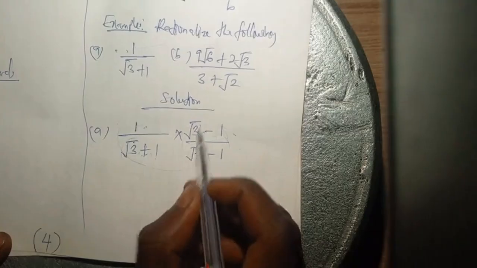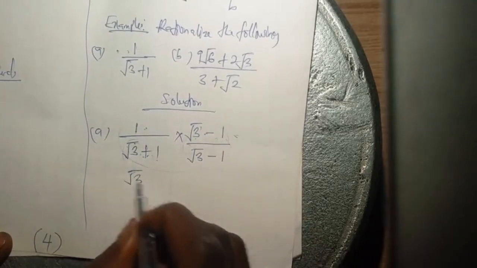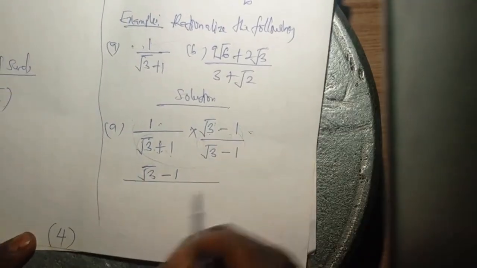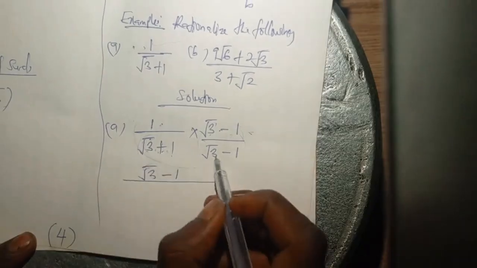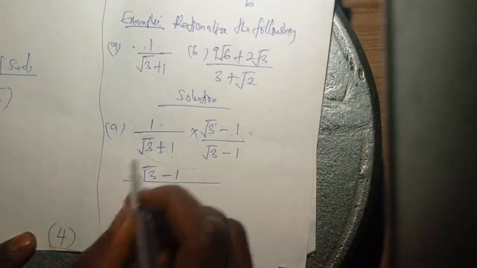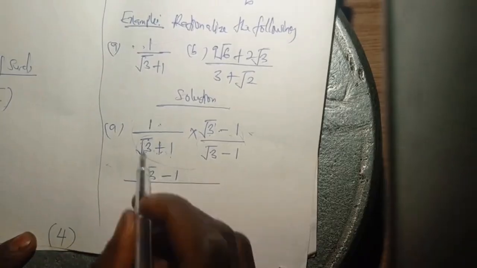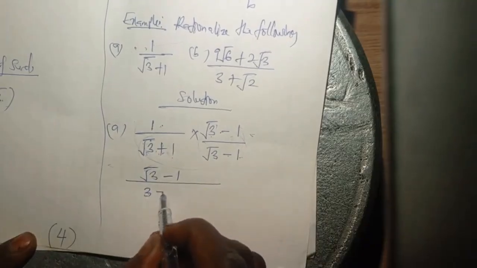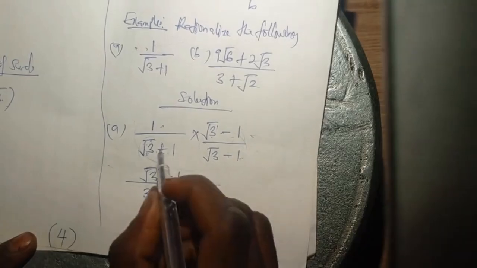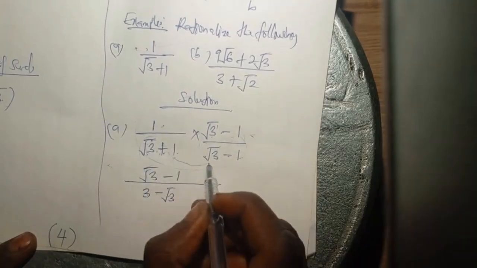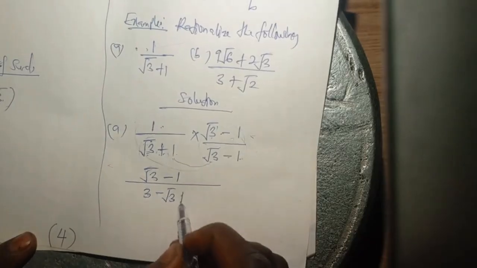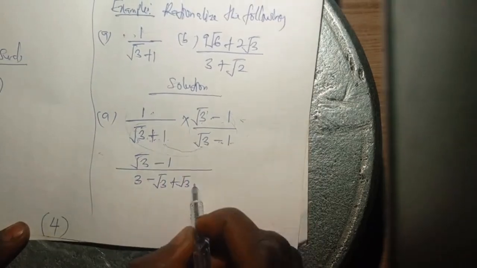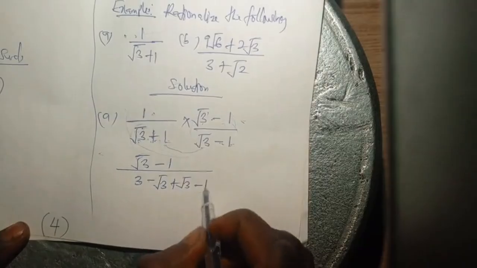Then this process is called rationalization. So 1 times root 3 minus 1 is root 3 minus 1. Is that understood? Yes. All over root of 3 times root of 3, the answer is 3, or root of 9 is 3. Then root 3 times minus 1 is minus root 3. Then plus 1 times root 3 is plus root of 3. Then plus times minus is minus, 1 times 1, 1.